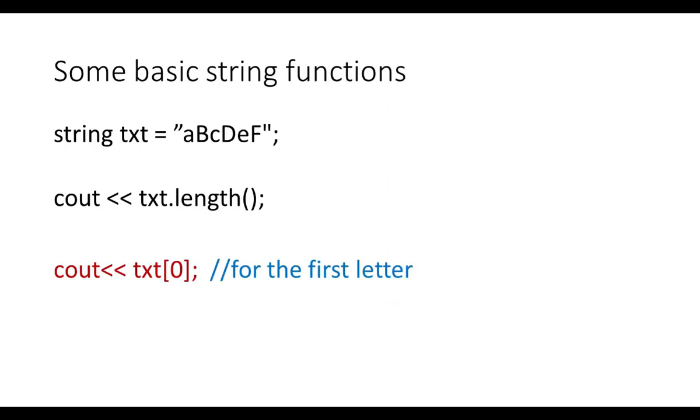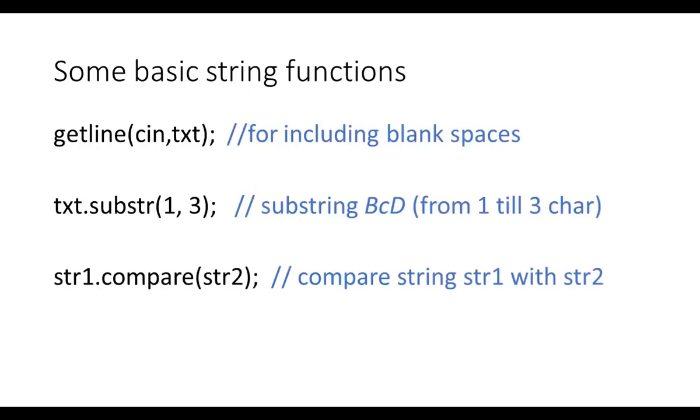Here txt.length will print the size of txt, how many characters this string contains. txt[0] will contain the first letter. The getline function we have used multiple times. This is substr, used for a substring, that will print from the first character to the third character.